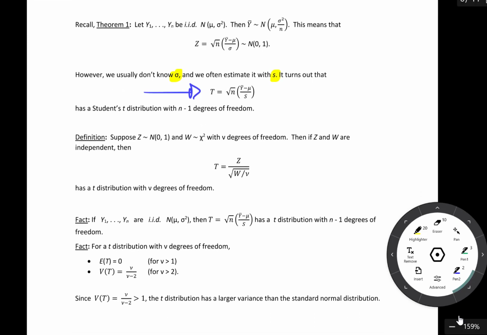So here is our formal definition of the t distribution. Suppose that z is distributed normal 0, 1 and w is distributed chi-squared with nu degrees of freedom. Then if z and w are independent, we have the following.